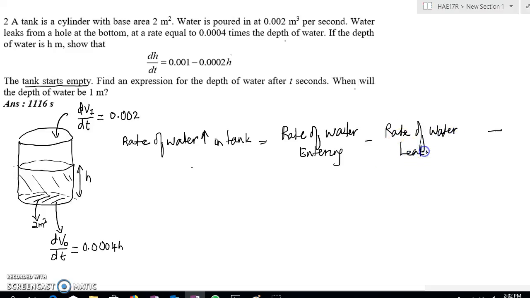So remember this, in order for the water to go up, obviously the water entering has to be more than the water coming out.